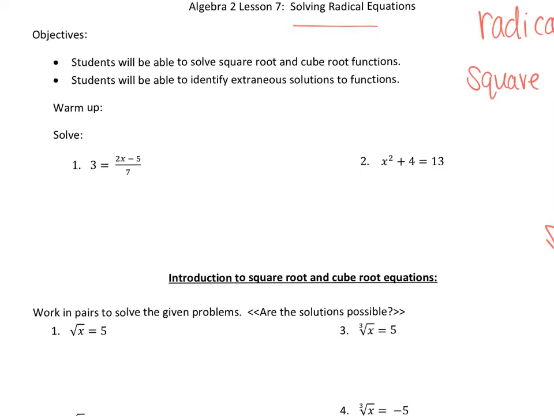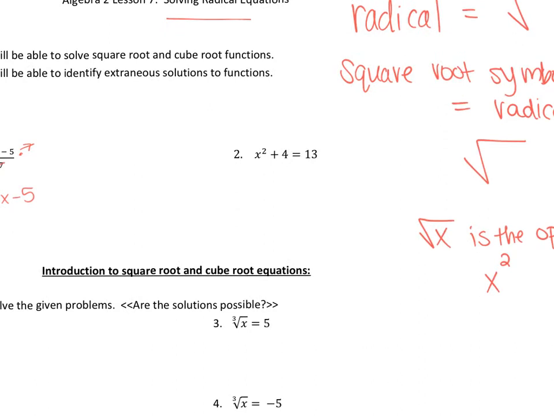How I'm going to get rid of this denominator is I'm going to multiply 7 to both sides, because then this cancels out. Now I have 21 equals 2x minus 5. This is just a two-step equation, so I want you to go ahead and do that on your own. That's pretty simple. Then come on over to number 2.